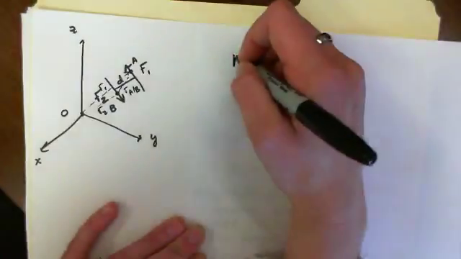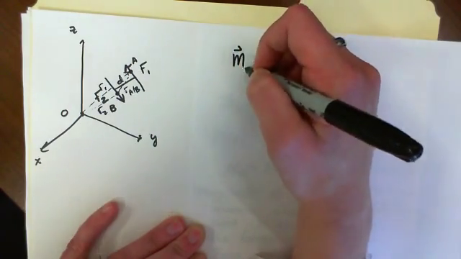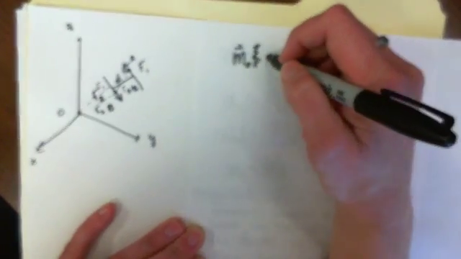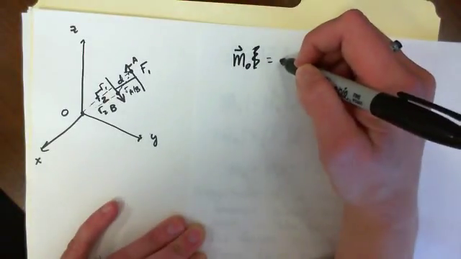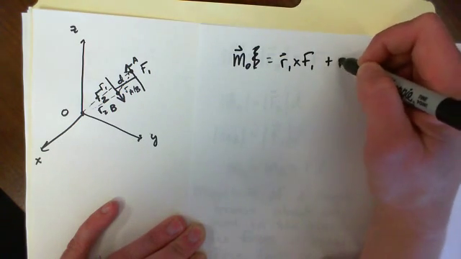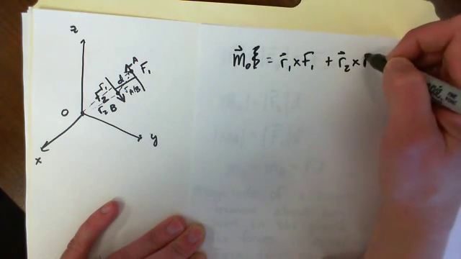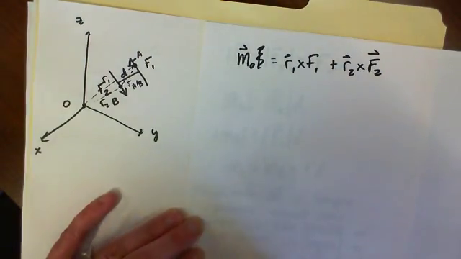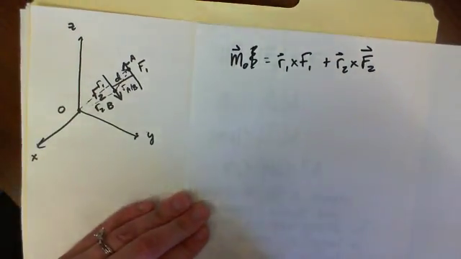So if I were to find the moment about point 0, not the magnitude, just the regular moment, I would need to do R1 cross F1 plus R2 cross F2. I need to sum the two moments that I get, the one from each of the forces.